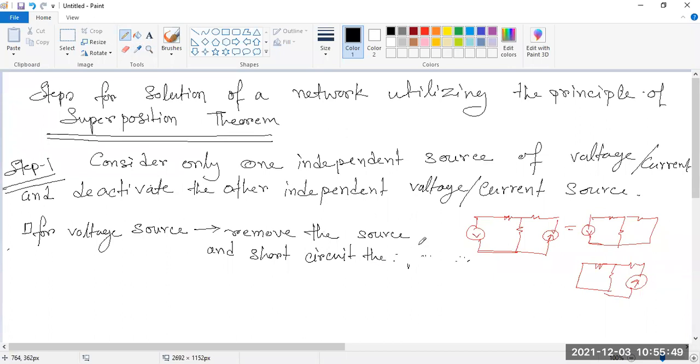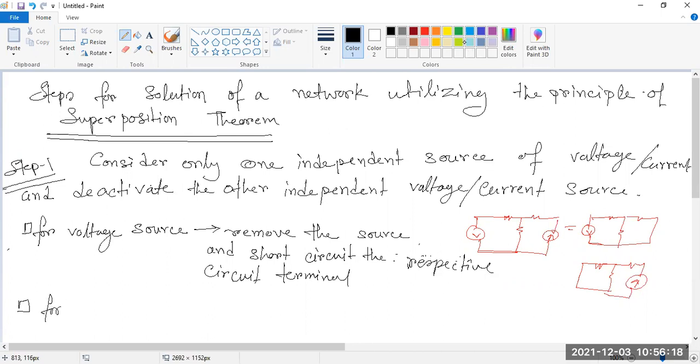Short circuit the respective circuit terminal. So if it is a voltage source, then we have to short circuit it.